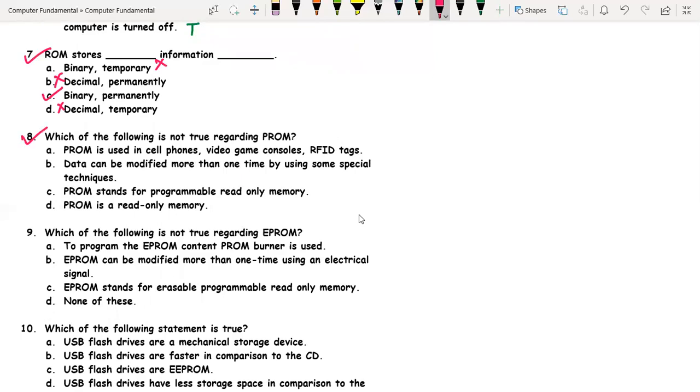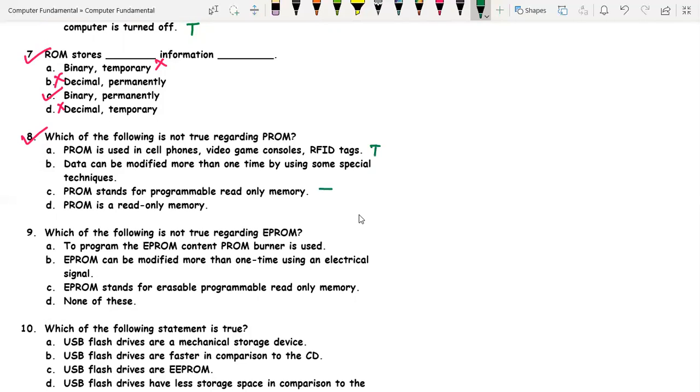Let's move to question number 8. Which of the following is not true regarding PROM or programmable ROM? Data can be modified more than one time by using special techniques. This is used in cell phones, video game consoles, and RFID tags. This is a true statement.